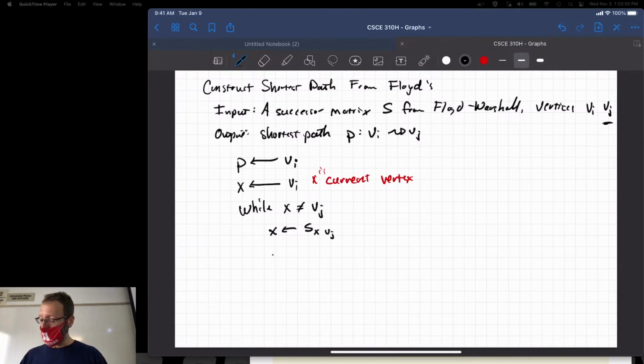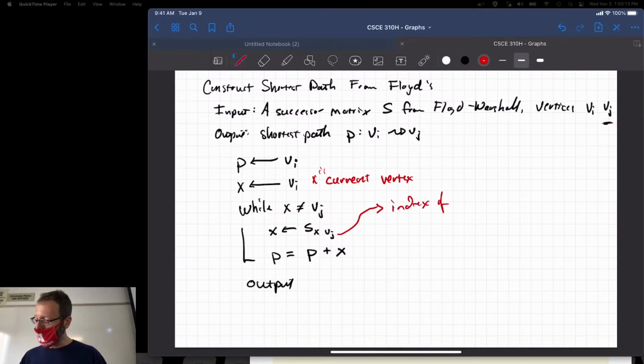Right? And then I update my path by appending X to it. Wait, which one is V sub j? That's the destination. No, I mean up front you define V sub I twice. Oh wait, that's an input.